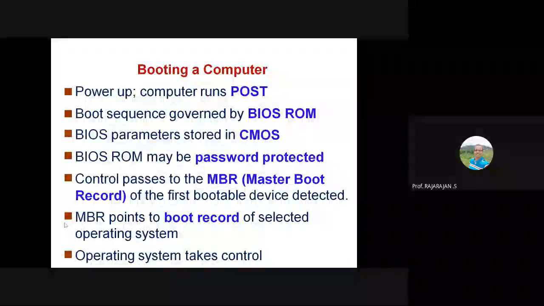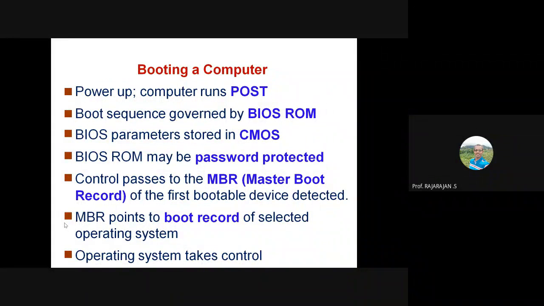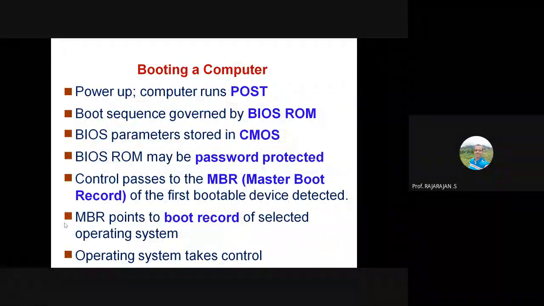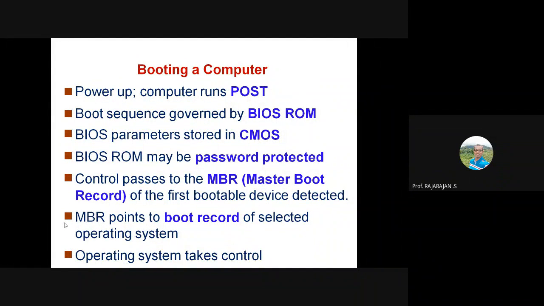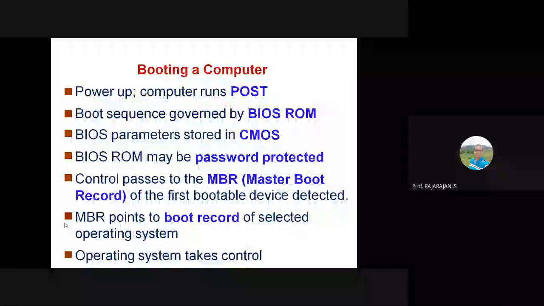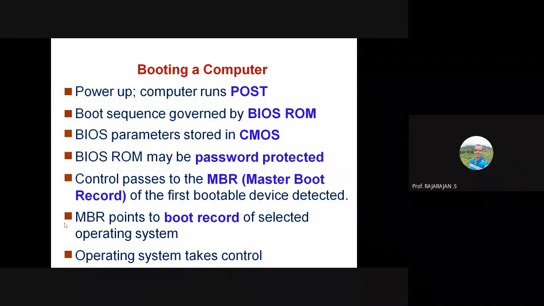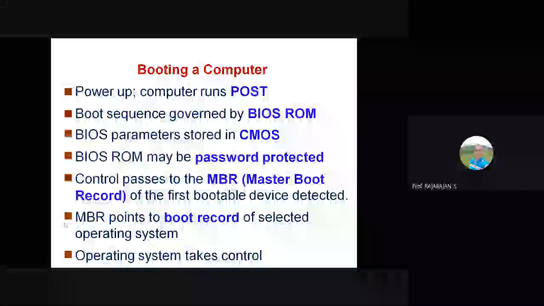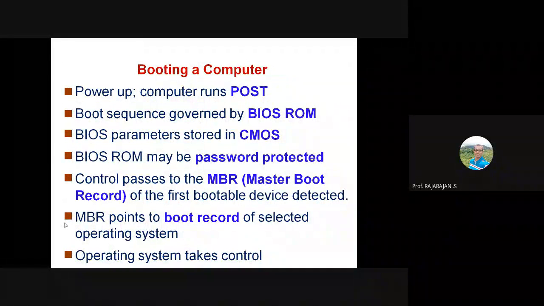So according to the setting of the BIOS, it's available in any of the secondary storage devices. So accordingly, the OS is located and it is loaded into the computer memory. Once the OS enters into the main memory, it takes control of the system. This is the sequence of events that happen during the booting.